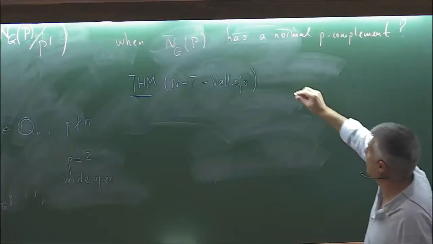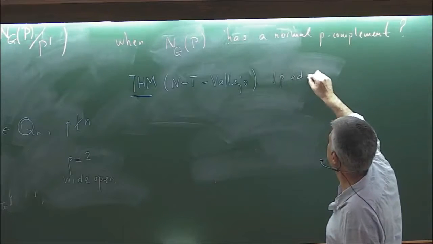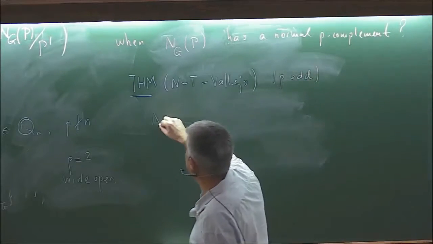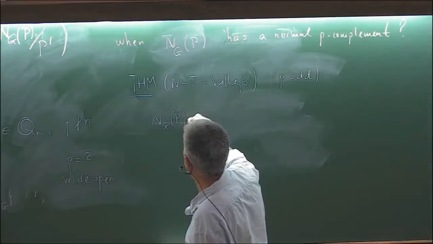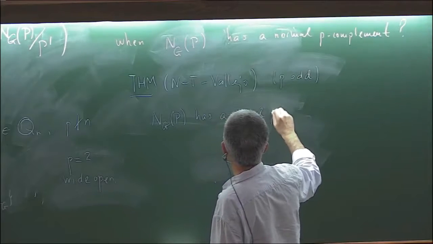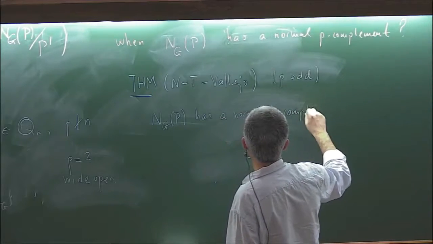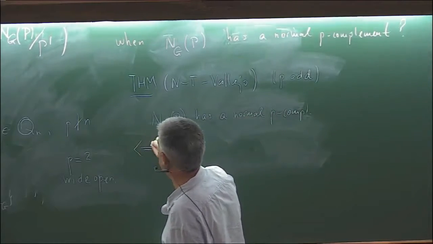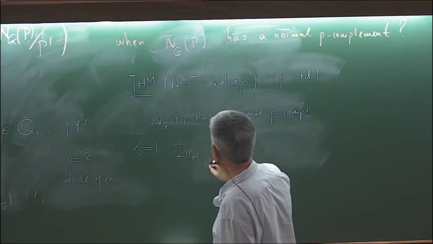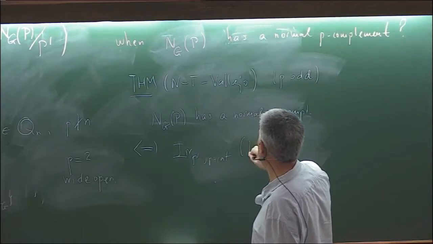And again, for p odd, we proved that the normalizer of P has a normal P complement if and only if it's similar, but I only need to go to the characters in the principal block.